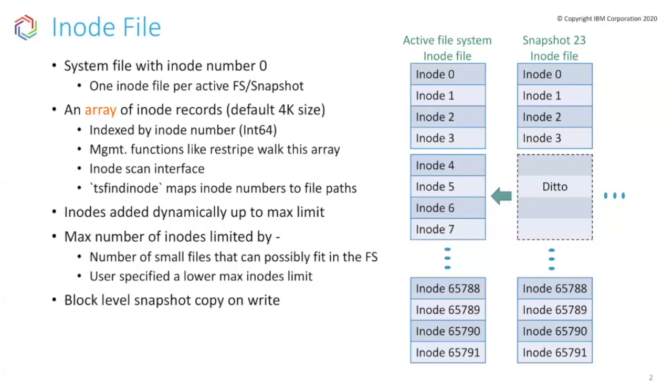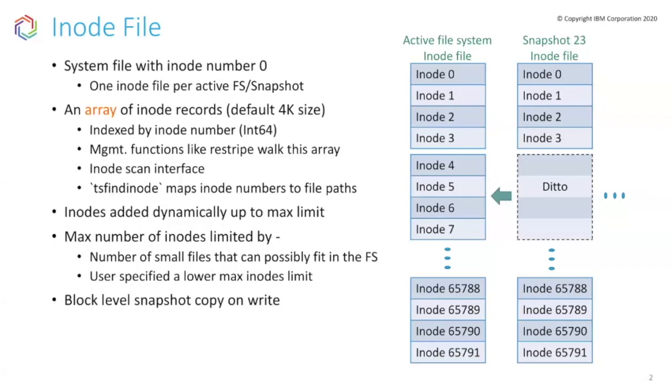The other thing with the inode file is that it can grow in size. You can add more inodes into your file system depending upon your needs, and inodes can be added up to the maximum limit, which is either defined by you as the file system administrator, or it can be automatically determined by the system. So there is an overarching limit that decides the maximum number of files the file system can support.